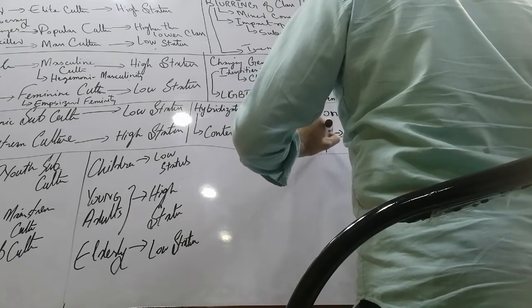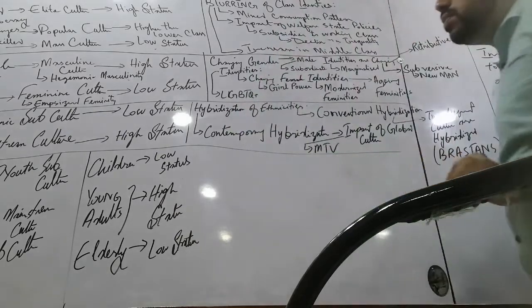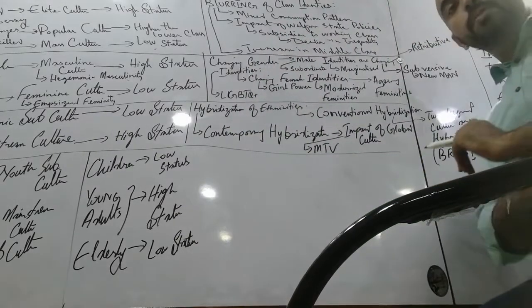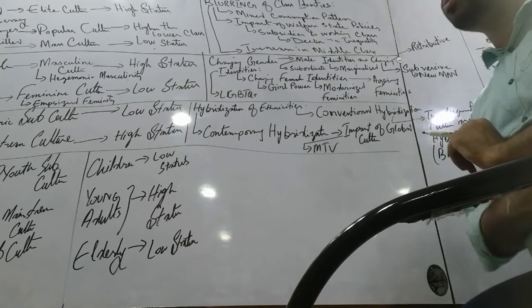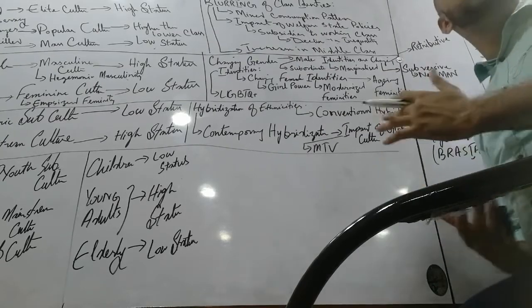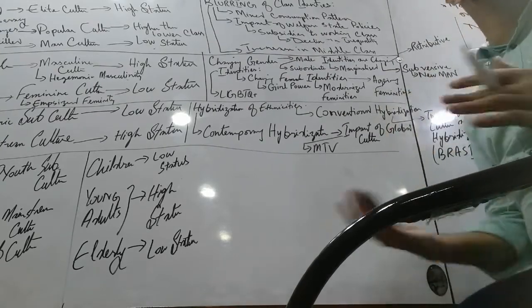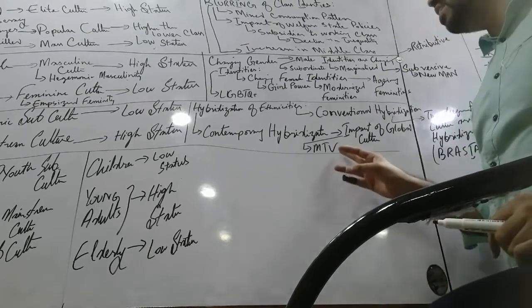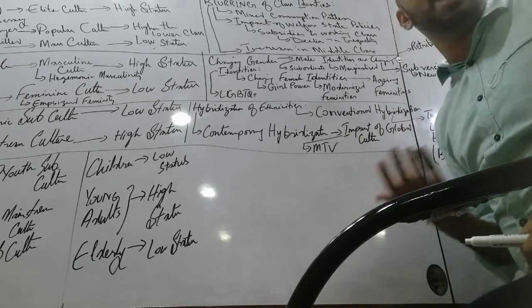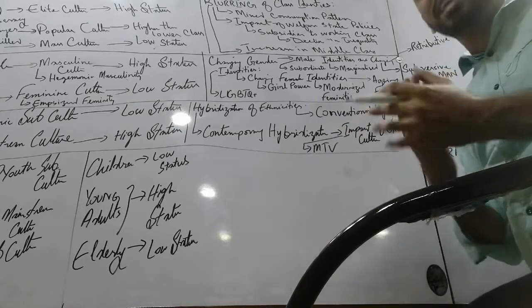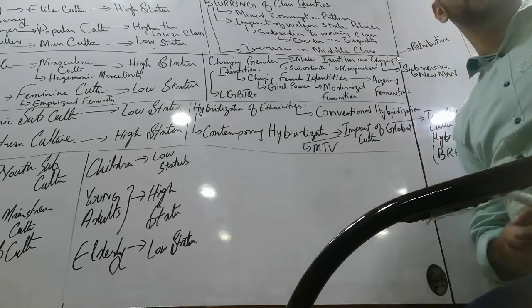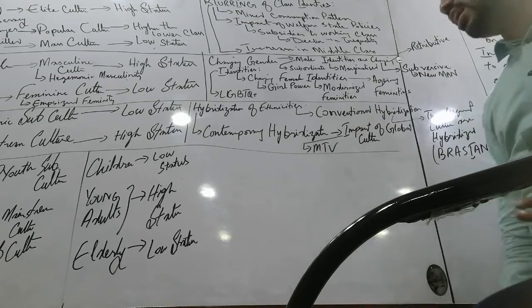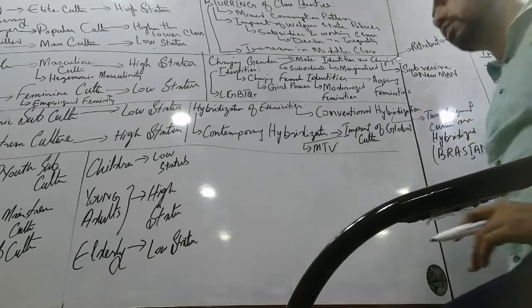If you talk about MTV, MTV is doing what? MTV used to produce music with local lyrics and Western music, or global music, pop, rock, jazz. So the MTV is doing contemporary hybridization. They hybridize the content in this way. Am I right? I hope the things are clear till now. There is no confusion. Perfect.